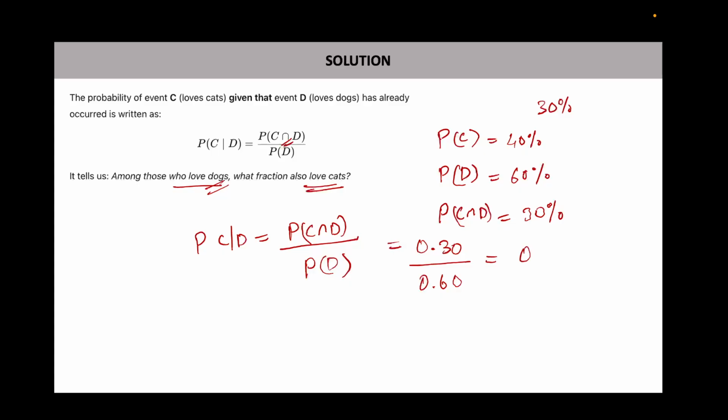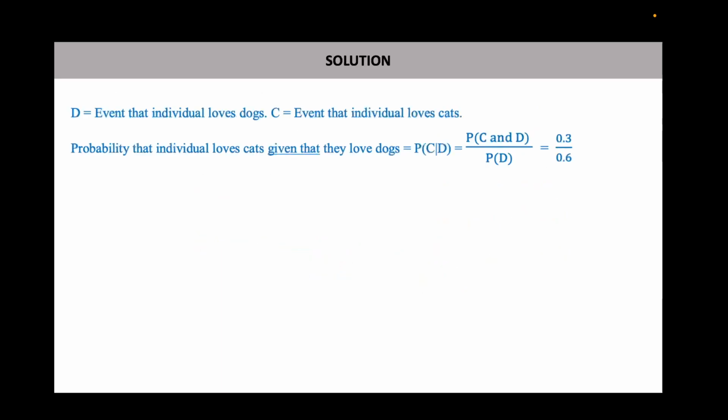If you solve this, the answer is 0.50. So 0.50 is the probability of people who love cats given that they also love dogs. I'll leave the answer on your screen. So the answer will be 0.50.